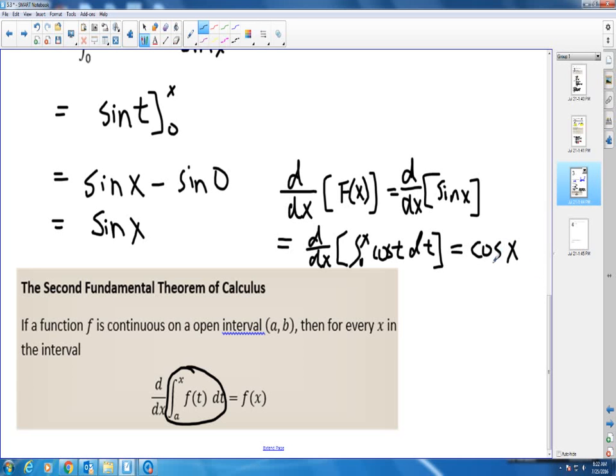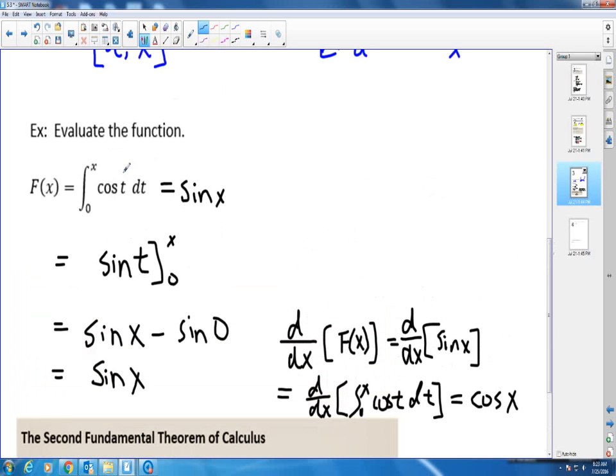So you almost have to look at it from a different perspective. The derivative and the antiderivative kind of cancel each other out, so of course you're going to end up with the original function, which is cosine of x.